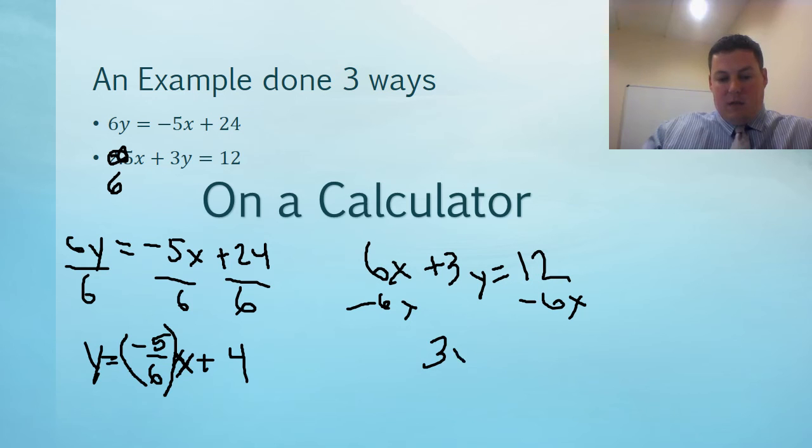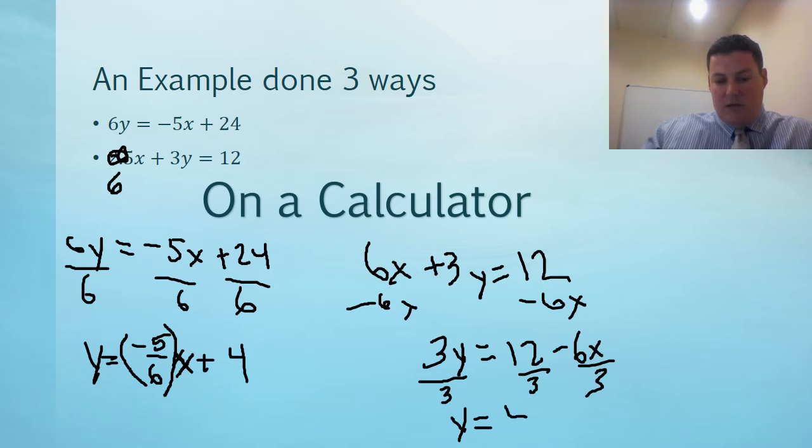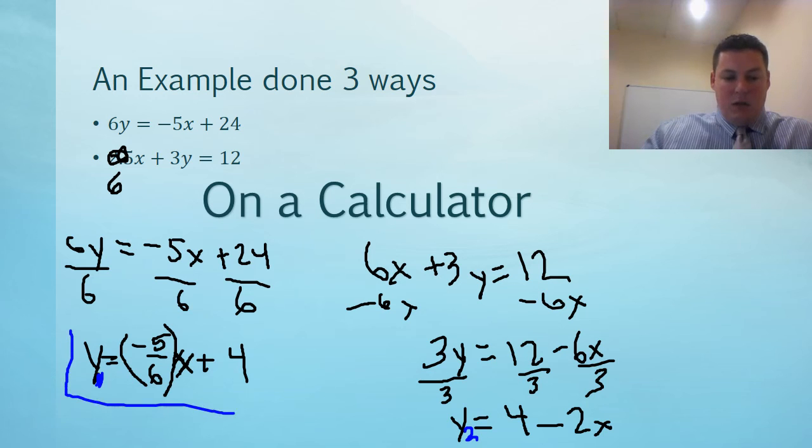And then I get 3y equals 12 minus 6x. Divide everything by 3. And then I get y equals 4 minus 2x. So this here is going to be my y1. When I plug it in for y equals, this is going to be my y2.